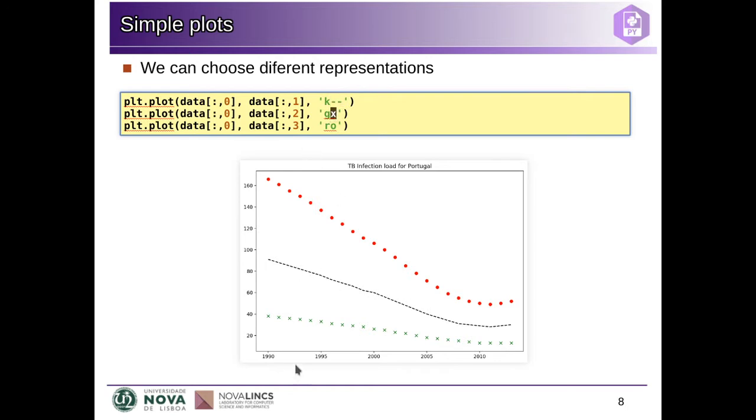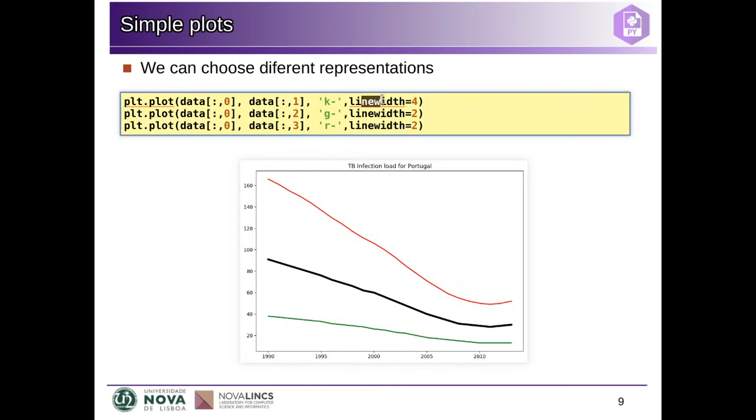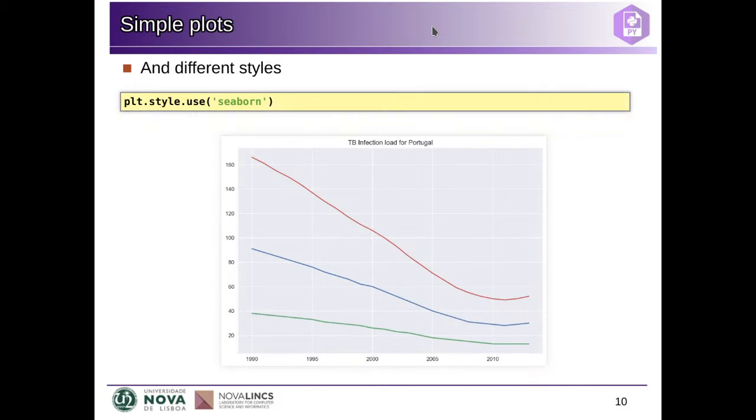This one is with the axis here, green axis, and red circles for the upper bound. Or you can specify additional arguments, for example, the thickness of the line. In this case, I drew this with 4 pixels in width, and these ones with 2 pixels in width, so I'm controlling different thickness. You can do lots of different things with plot.